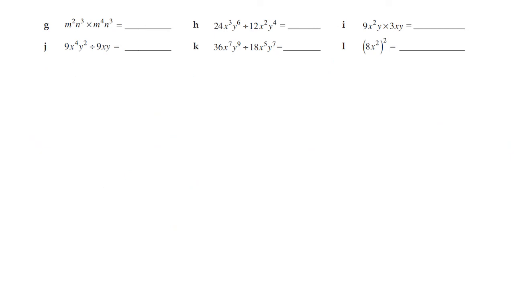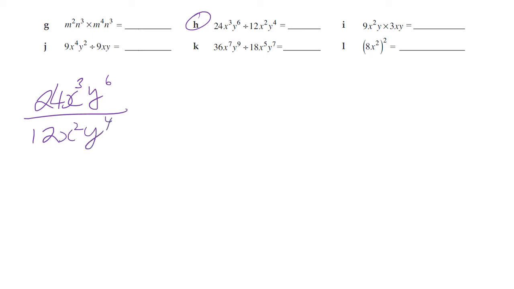Alright, so now maybe we will do h together. So I've got 24x to the power of 3, y to the power of 6 divided by 12x squared, y to the power of 4. Why do I always use the line to represent this division sign, you might ask?